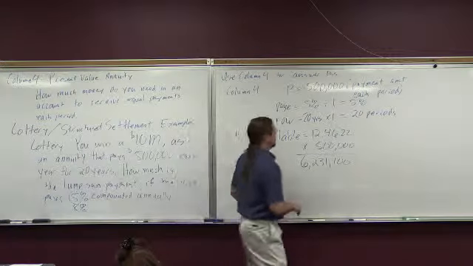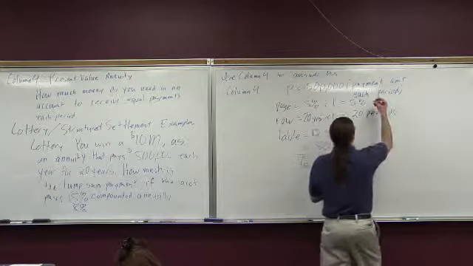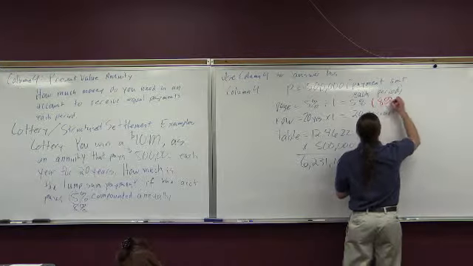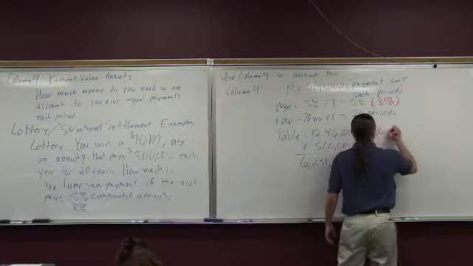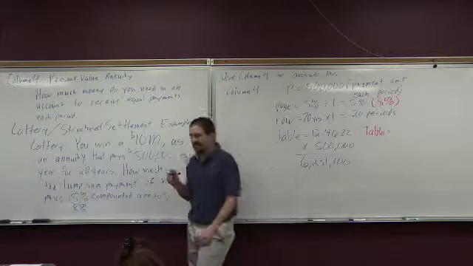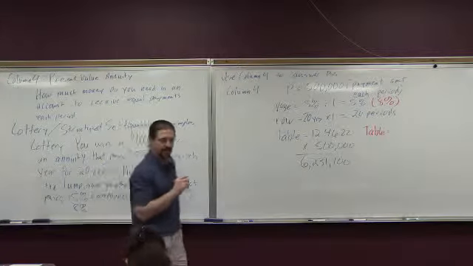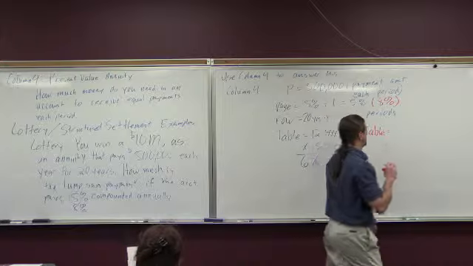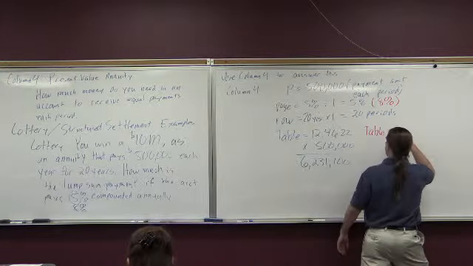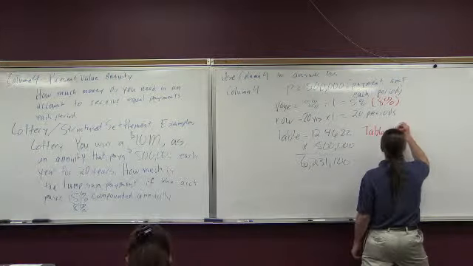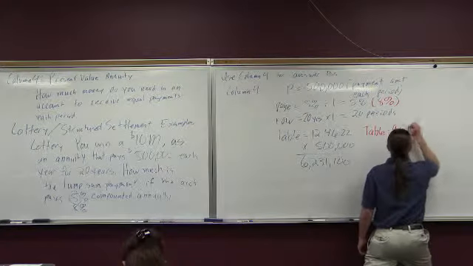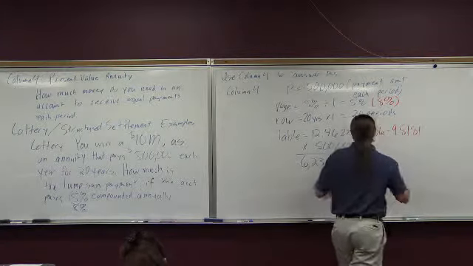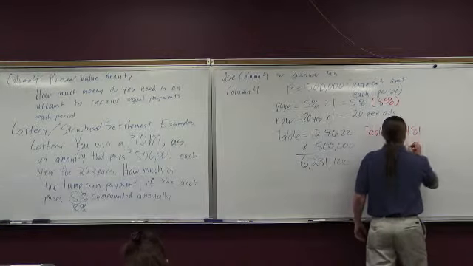So, we'll switch to red and say, ooh, what happens if we use 8%? What's the table value there? What was that? 8181. Multiply that number by $500,000.